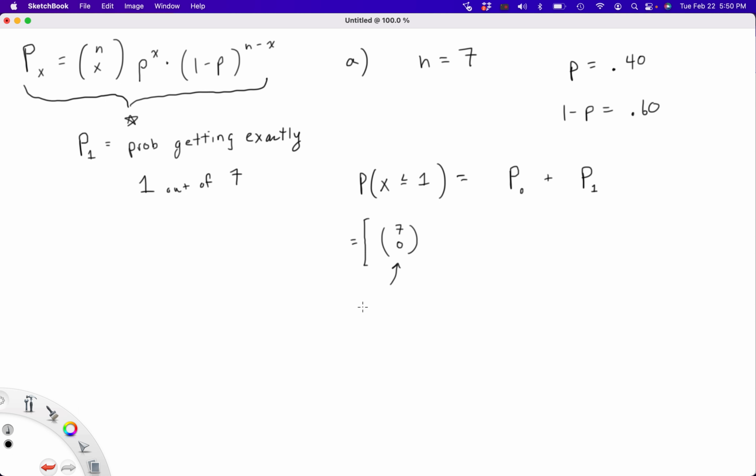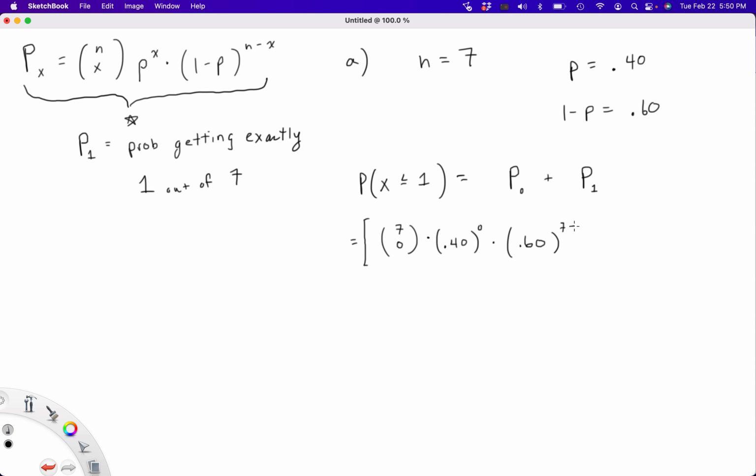By the way, if you're familiar with combinations and permutations, this is exactly the same as 7C0, and that has a specific formula used in algebra, and you can look it up, or perhaps you have it memorized. So it's 7 choose 0 times the probability of success, which is 0.40 raised to the 0, raised to the x, in this case x is 0, times 1 minus 0.40, which we've already figured is 0.60, raised to n minus x. In this case, 7 minus 0.